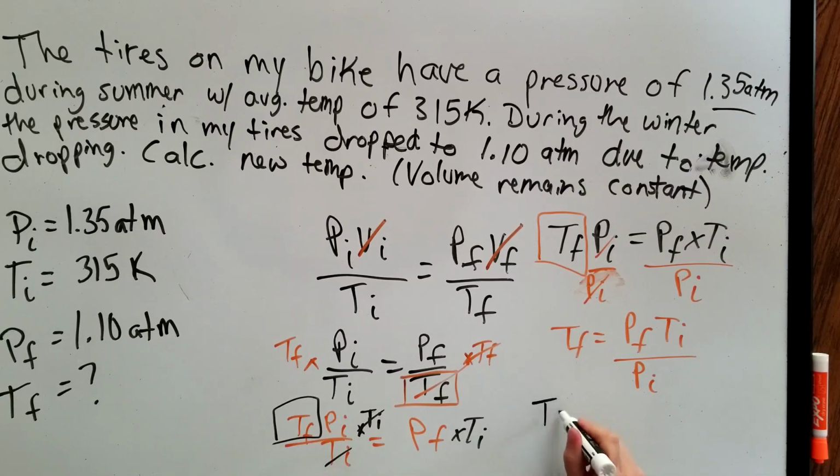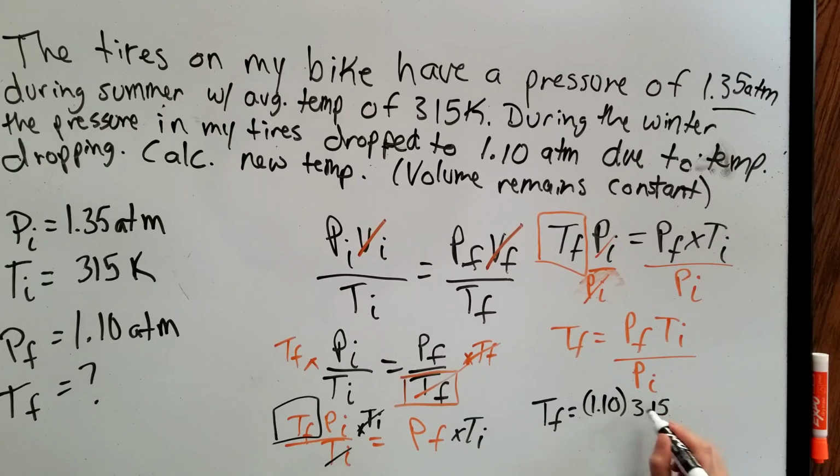So plug in: PF is 1.1, TI is 315, PI is 1.35. All right, so 1.1 times 315 divided by 1.35.